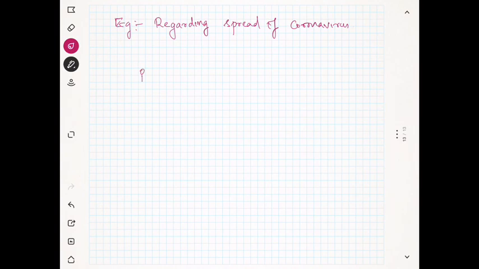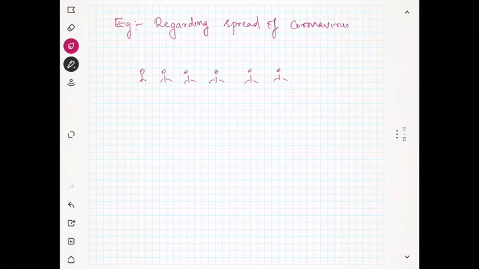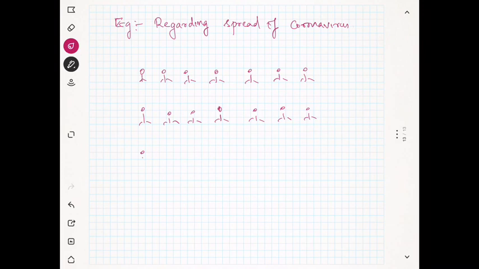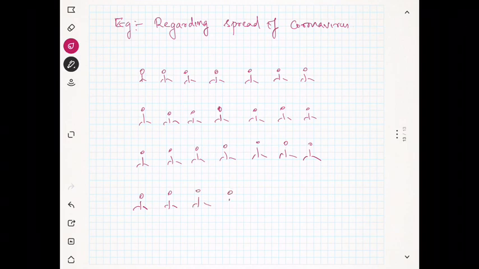You know that we have many people here, right? For example, these are all the people. Let me, I need some time to draw this, sorry. Now let us consider a lot of people are there.